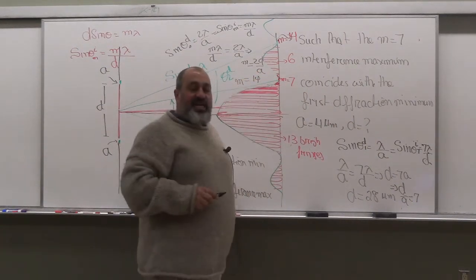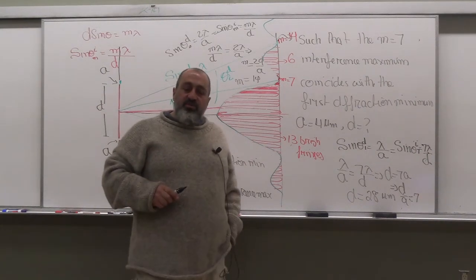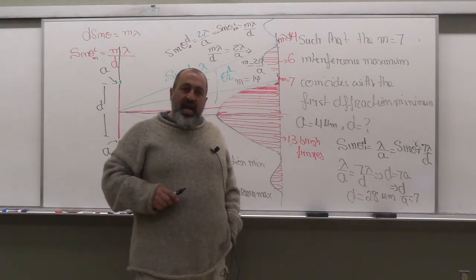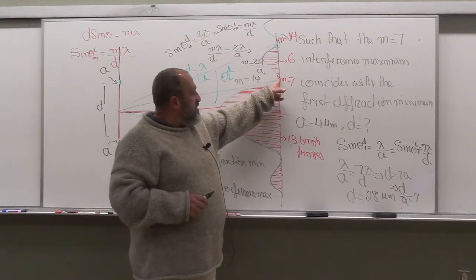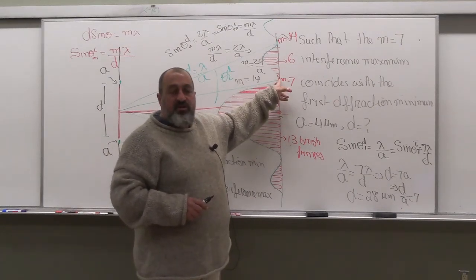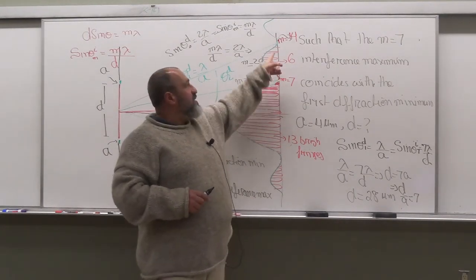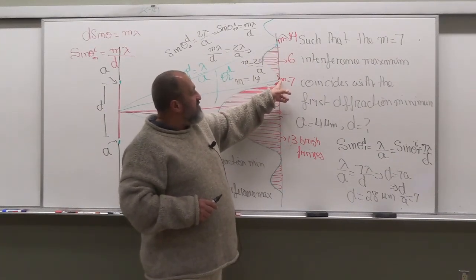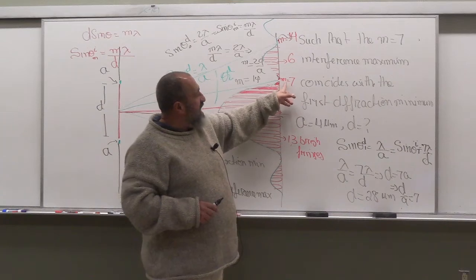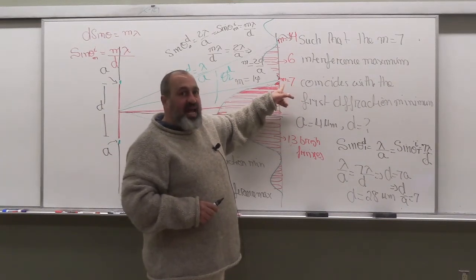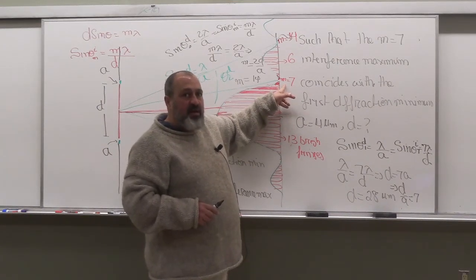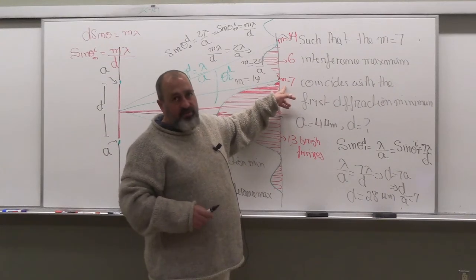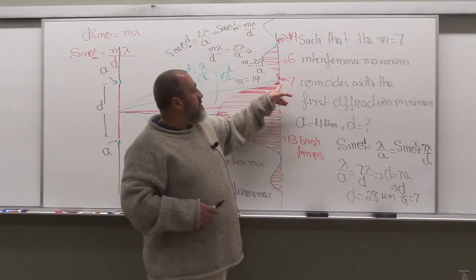Okay? It becomes really interesting, and this is what you need to think about, guys. When I have an interference minimum coinciding with a diffraction minimum here, what do I expect to see there? I'll let you think about that. If this is a minimum, this will be m equals 7.5 or 6.5, okay? 6.5 for interference maxima means I'm at a minimum. It could be 0.3 as well, really interesting. What happens if it's 1.5?